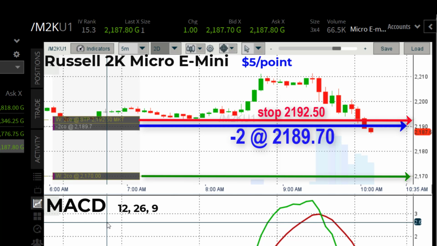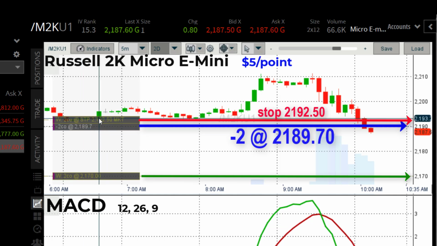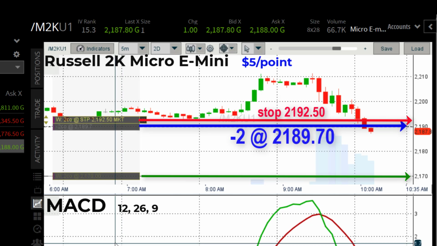Now, I remember back to when I was learning to trade, and I've got a question for you. 2187.30 is the current trading price, and that is 2.4 points down from where we shorted at 2189.70. We're 2.4 points down at $10 a point.